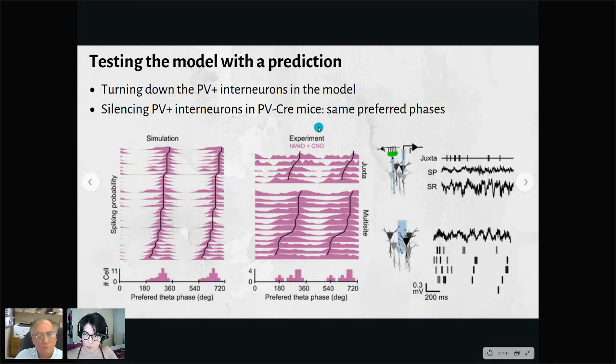But there is no testing without an experiment. So the experiment we were going to perform, in the same line as we were talking, was turning down the PV interneurons in the model.